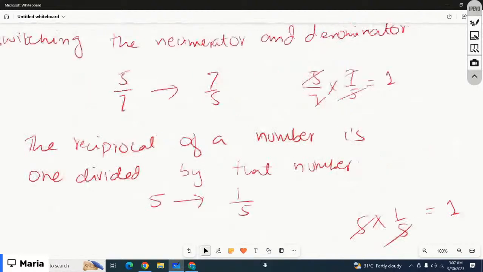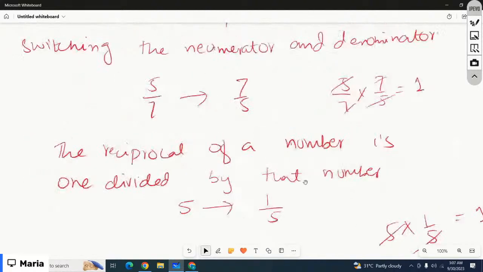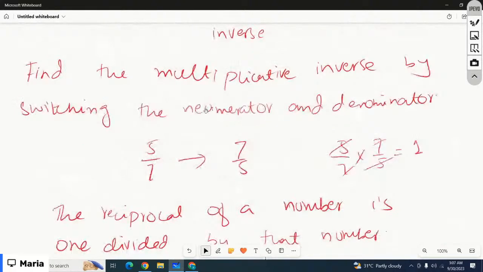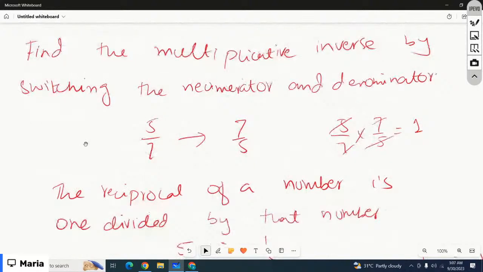I will wait for a while. You can note down both the definitions. Find the multiplicative inverse by switching the numerator and denominator, and the other one is the definition for the reciprocal. The reciprocal of a number is 1 divided by that number.